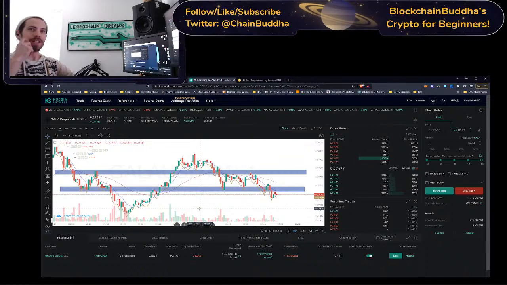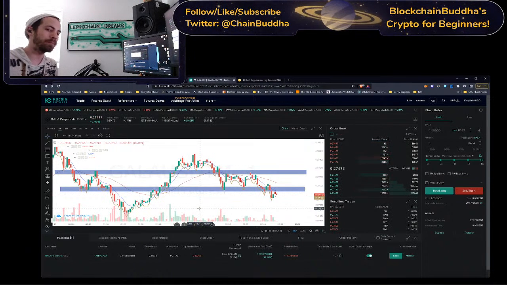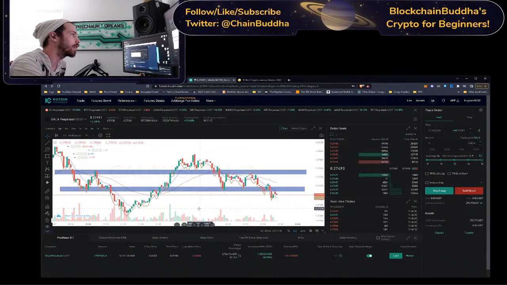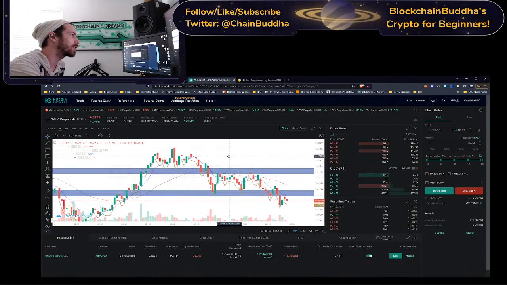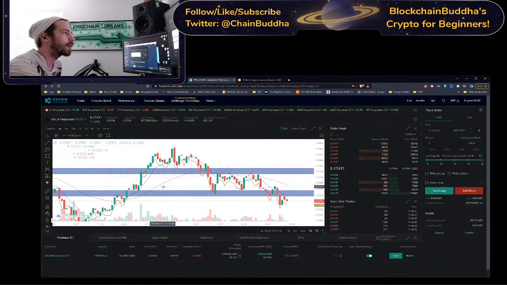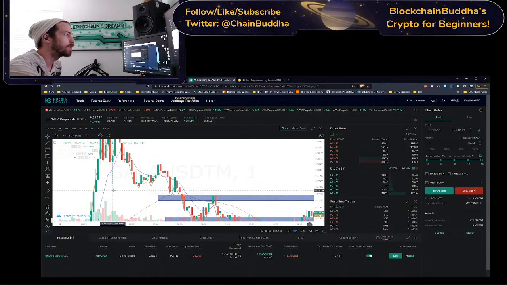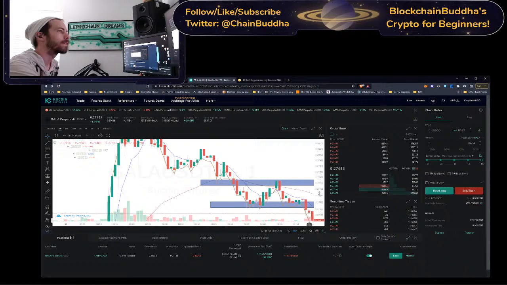But like I said, there's a lot of great strategies out there. A crypto trading strategy is going to be much different than a Forex trading strategy. So I like to utilize the master candle strategy when trading Forex. In the master candle strategy, you look for a master candle. A master candle would be something like this candle right here.